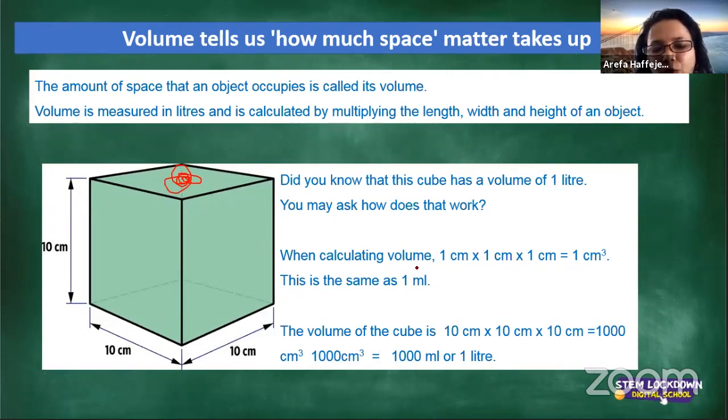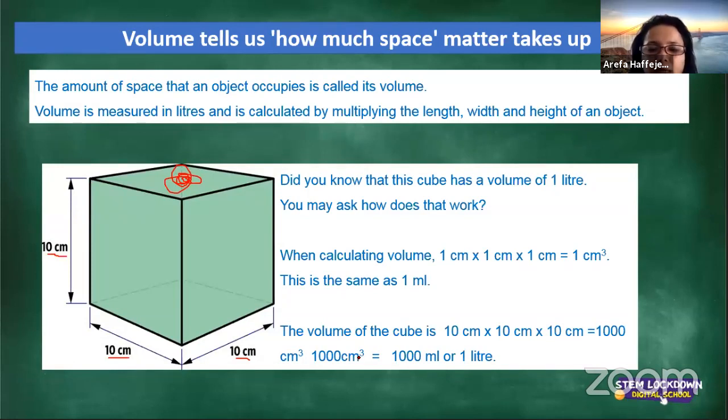Now, if we had to work out the volume that this cube can hold, because they gave us this unit of measurement, which is centimeters, we're going to calculate volume in centimeters. So we take the length and multiply it with the width and multiply it with the height, and we get the answer of 1000 centimeters cubed.